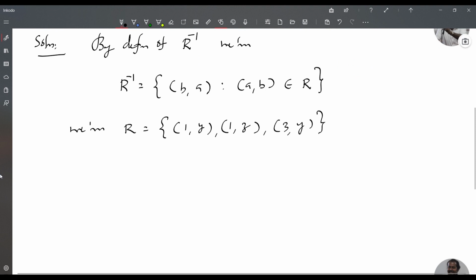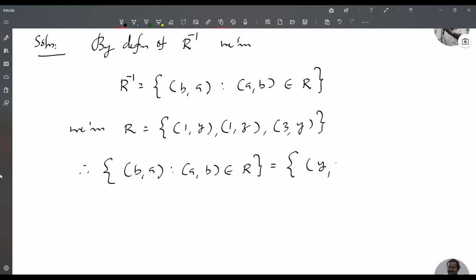Therefore, the set of all (b, a) such that (a, b) belongs to R is, so you have (1,y) is in R, so (y,1) is an element here. And you know (1,z) is an element in R, so (z,1) will be an element here, and (3,y) is an element in R, so (y,3) will be an element in R inverse.